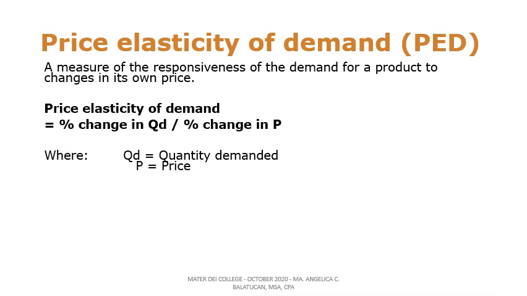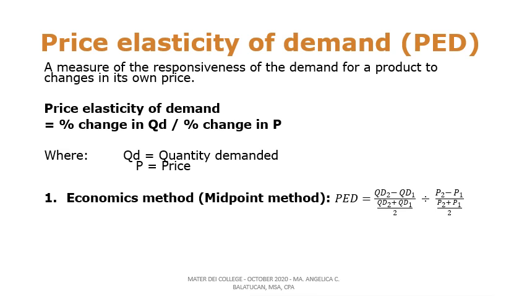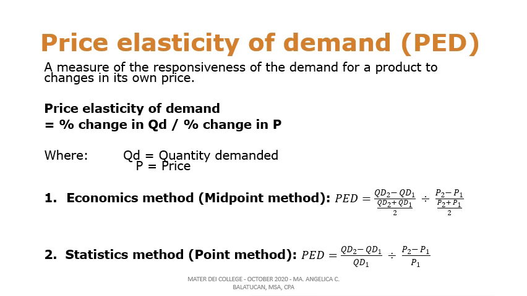There are two ways on how to compute this one. The first method is the economics method or the midpoint method, and the second one is the statistics method or the point method. The only basic difference for these two formulas is that the first formula, the midpoint, uses the average of the first quantity demanded and the second quantity demanded, and the price 1 and the price 2.